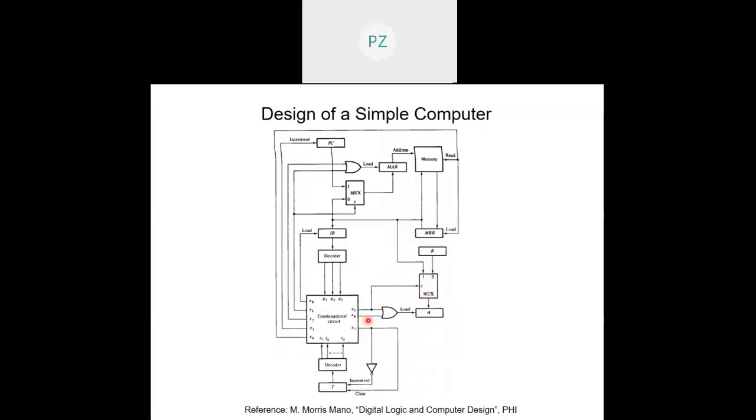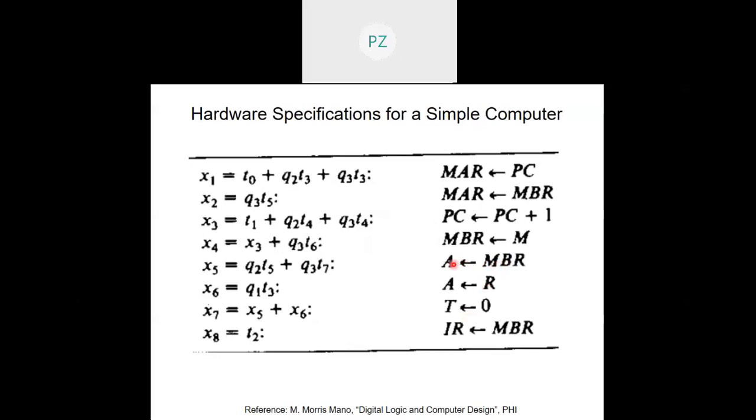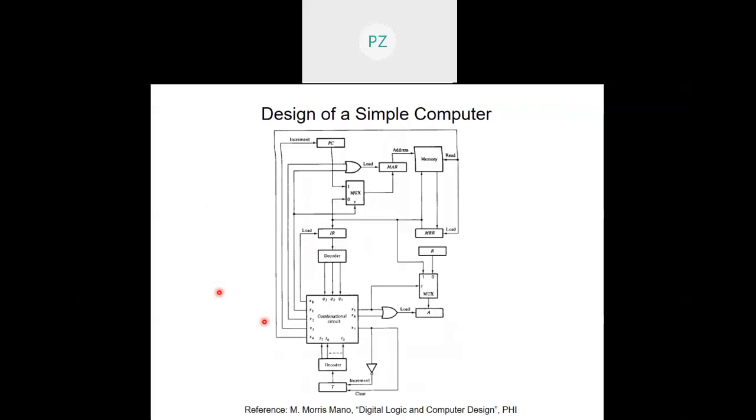In the case of X6, it has to be loaded with R. And when X5 is high, it has to be loaded with MBR. A has to be loaded with either MBR or R, depending on whether X5 or X6 is high, right?